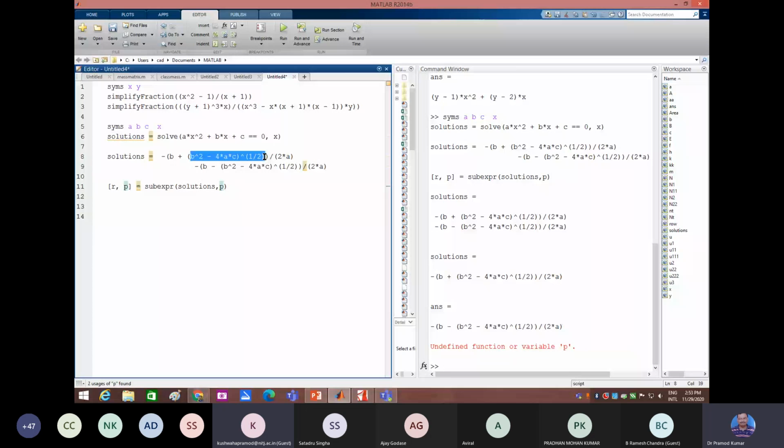It is asking what is p. This is p, we write here b square minus 4ac. Now hold the expression here, it will be replaced. Let us try.